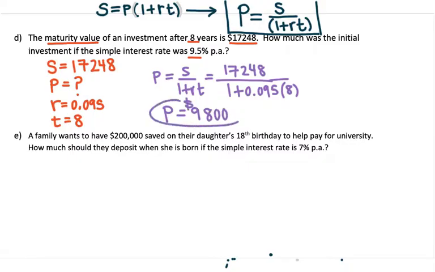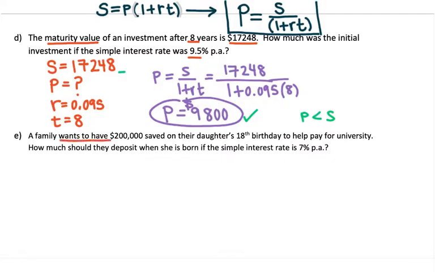So remember, when you're going backwards to find P, it should always be less than S. In the future, we had 17,248, so we must have deposited 9,800 to start with.